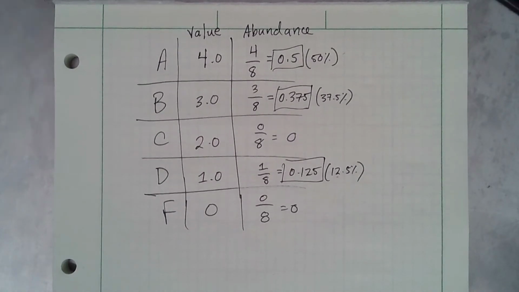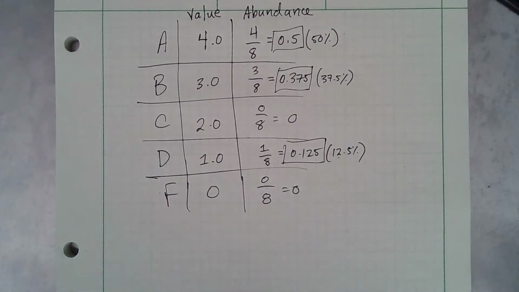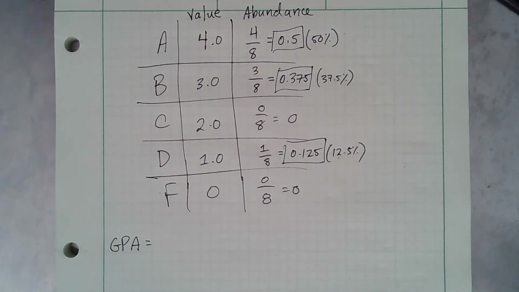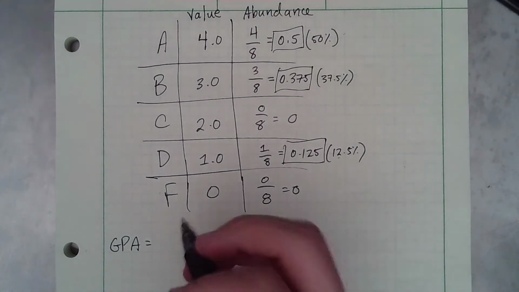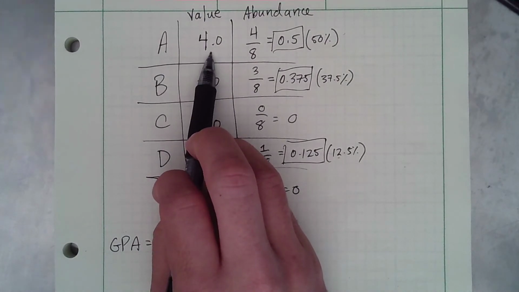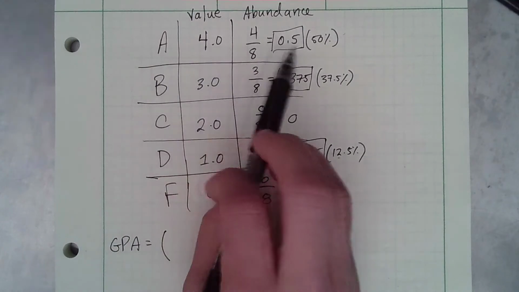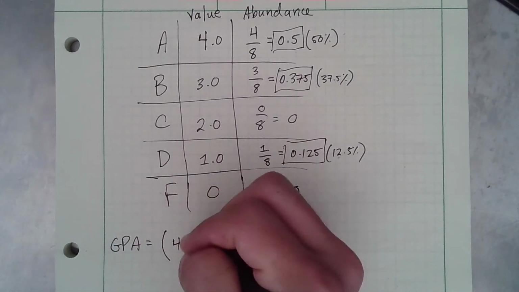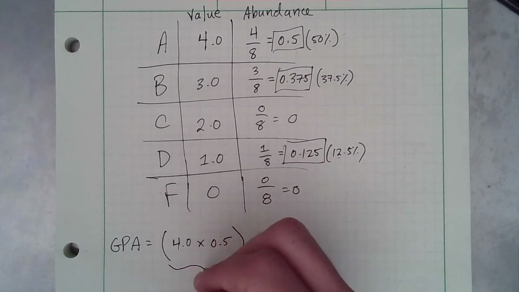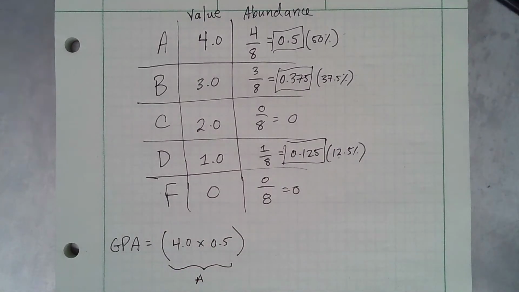Okay? So let me scoop my paper up a little bit here and let me show you how the formula works. Her GPA, or her grade point average, is equal to the value of the first type of grade times its abundance. So 4.0 times 0.5. And this right here is for A's.